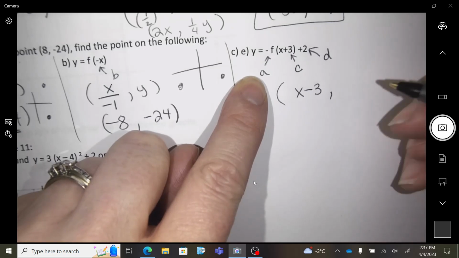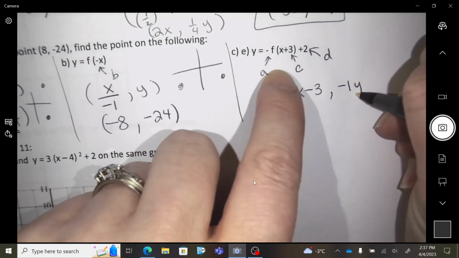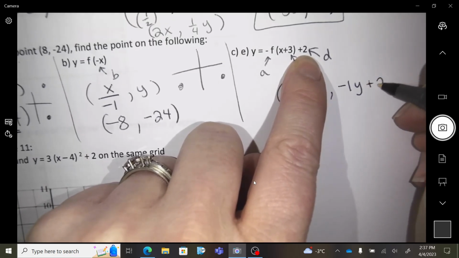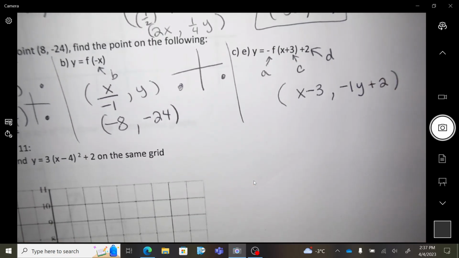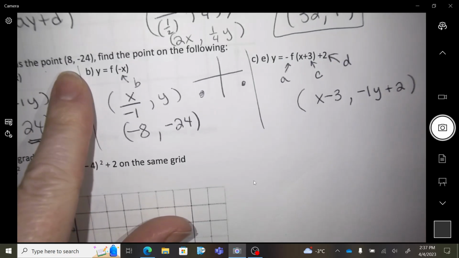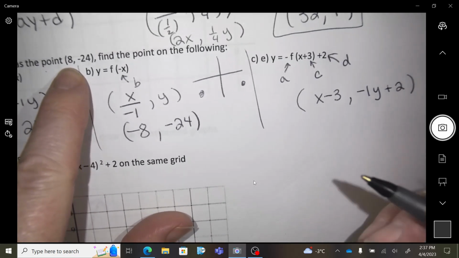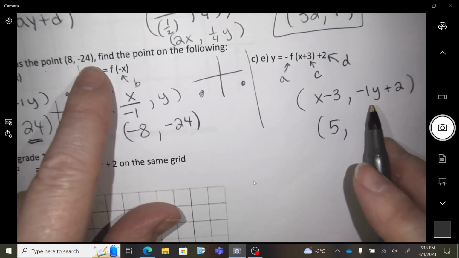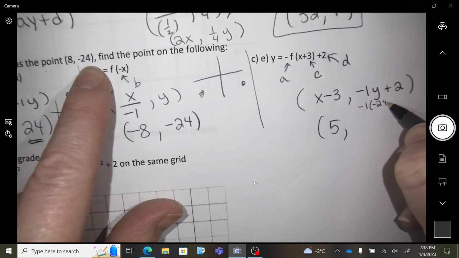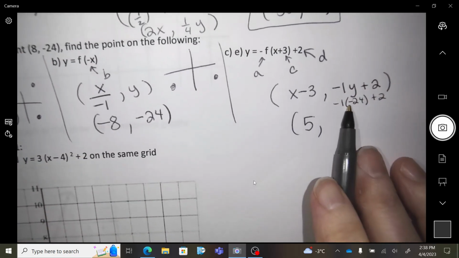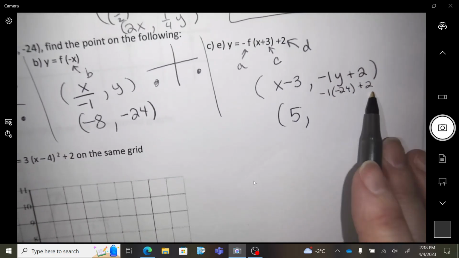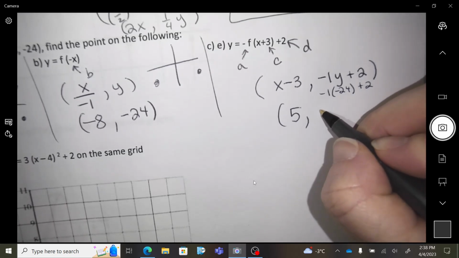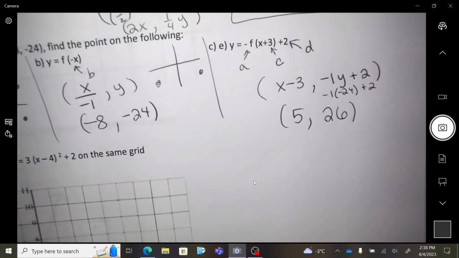A is a multiply by Y and add the 2. So what is your new coordinate? So what is the X value? 8 minus 3, 5, comma, okay, negative 1 times negative 24. And then add 2. What do you get? Positive 26.